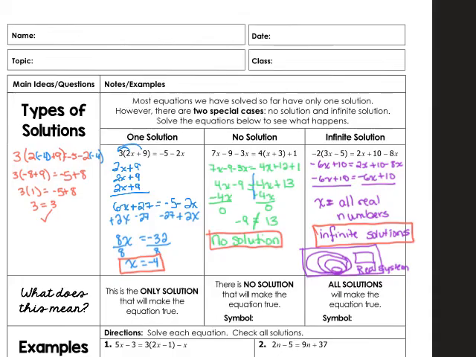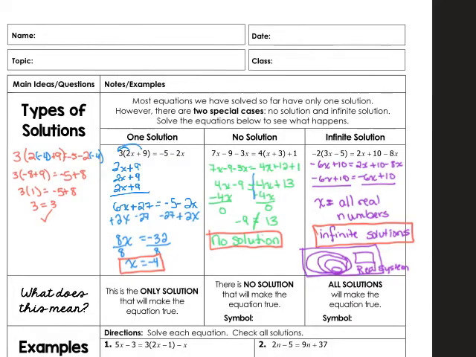That means any one of those numbers, including irrational numbers, if you were to put it in for this x on the left, you'll also put it in for that x on the right, which means that no matter whether you use a rational or an irrational number, these will always be balanced. Okay? So all real numbers is a way to write this, or just saying infinite solutions.